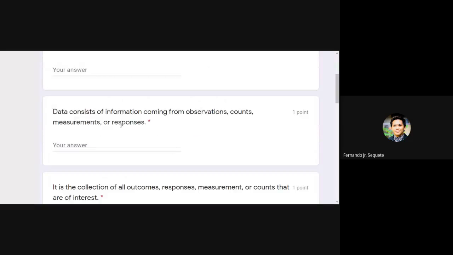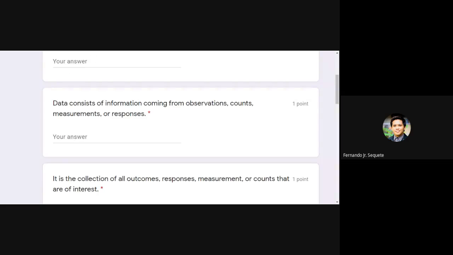Okay. Next, ito. By the way, I would like to inform everyone because somebody, I don't know kung dito bang section or sa kabilang section, pero nakita niya talaga ng, sir, ano po yung sagot dito, sir? Bakit puro something wrong? And I look at the item and I notice that the item really is a mistake, no? Because the answer for this one is data, nakabutang na ang data.